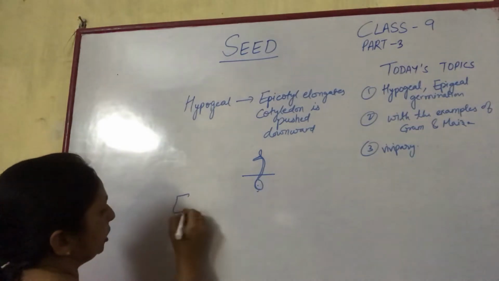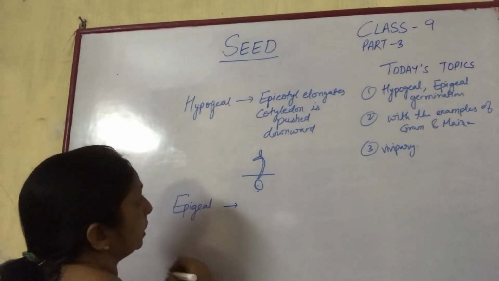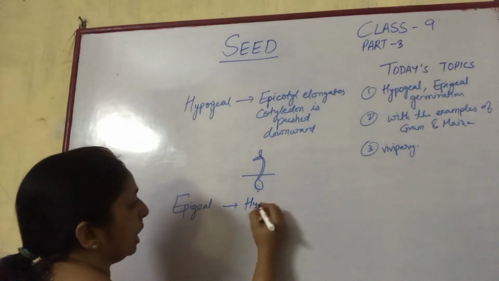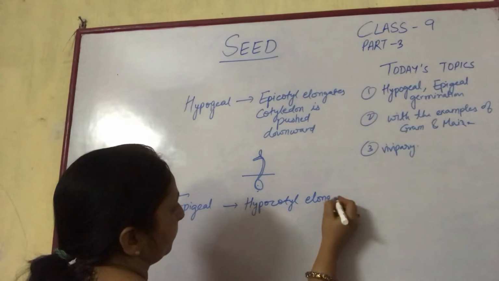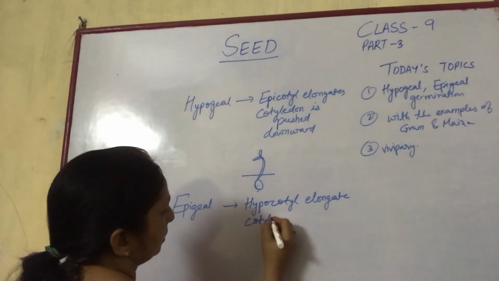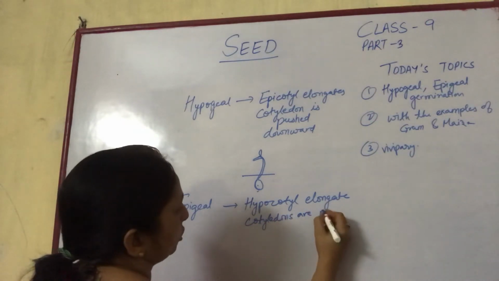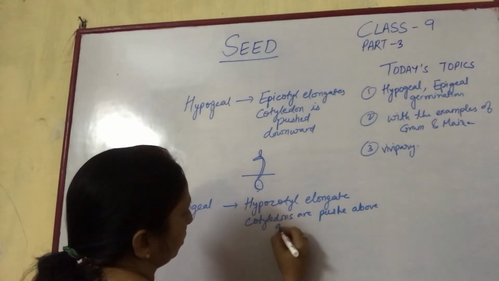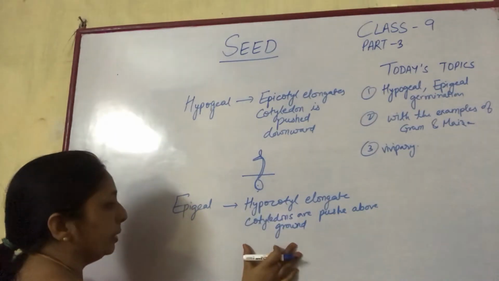Now in epigeal germination, just opposite of epi is hypo. The hypocotyl elongates and the cotyledons are pushed above ground, and this type of germination is termed epigeal germination.